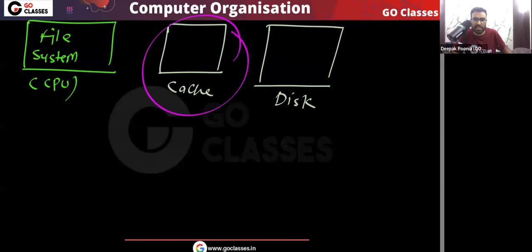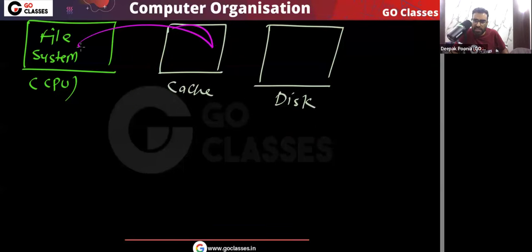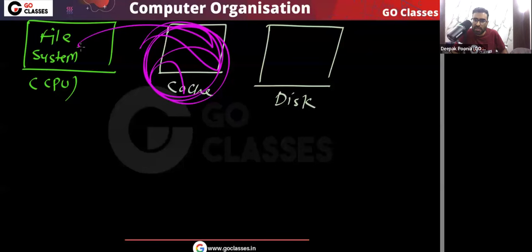But remember, if the requested data is not in the cache memory, then first we check the cache memory for a hit or a miss. Now we found that there is a miss. When there is a miss, then we will access the disk.